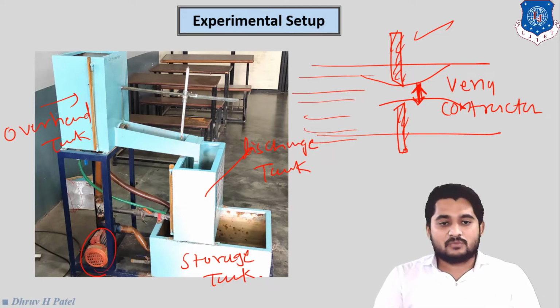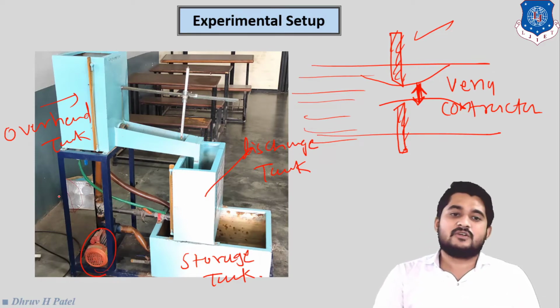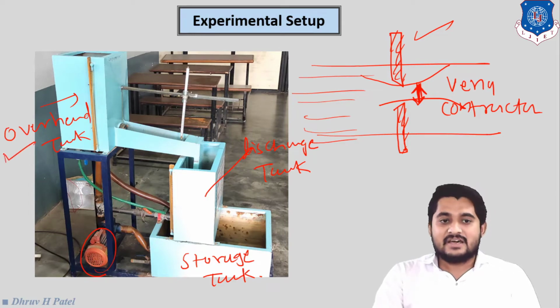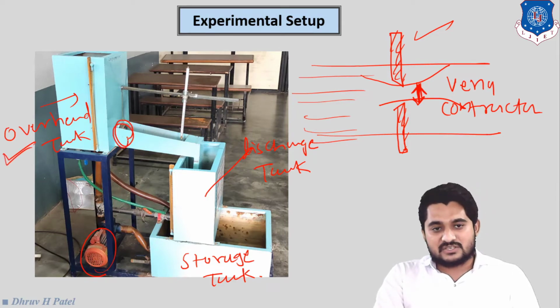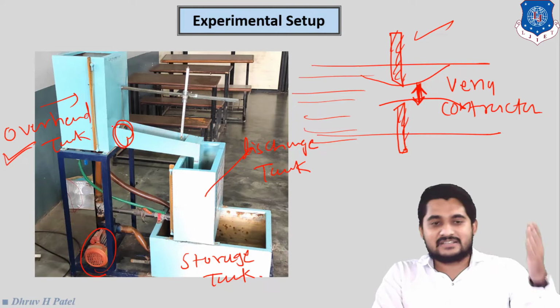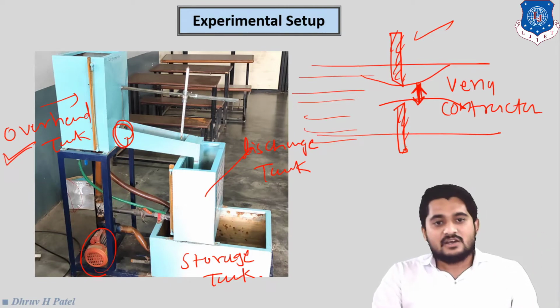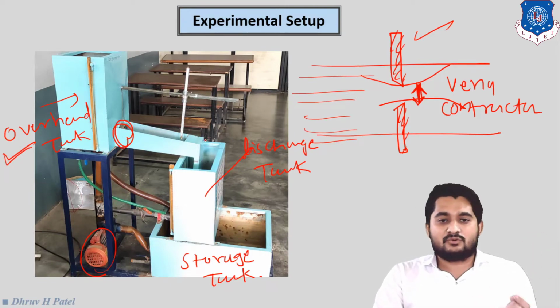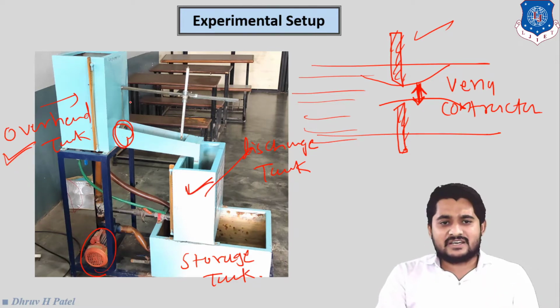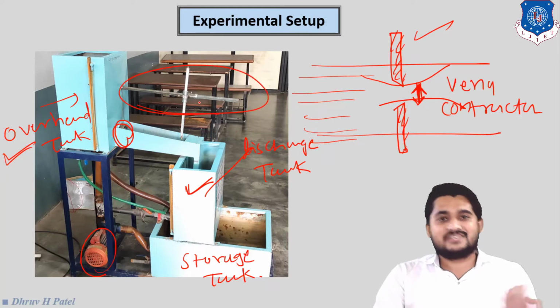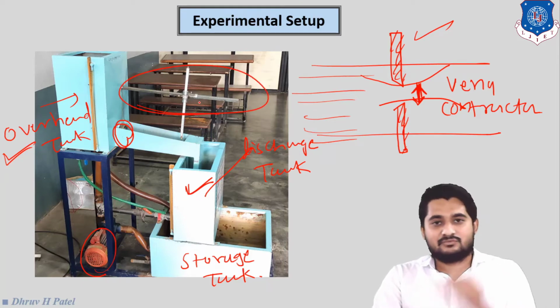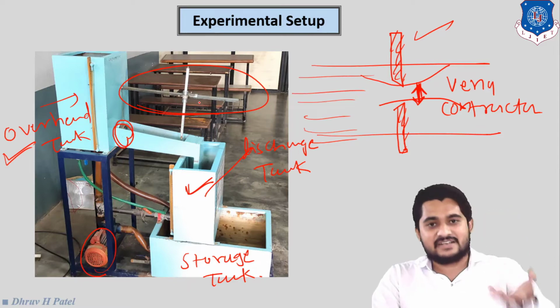With the use of a motor and the suction pipe, water will flow to the overhead tank, right? One mouthpiece is attached at the outer section of this overhead tank, and from the mouthpiece, water will flow into the discharge tank. We can find the actual discharge from the discharge tank, and this is the vernier caliper setup for measuring jet length and jet height, right?